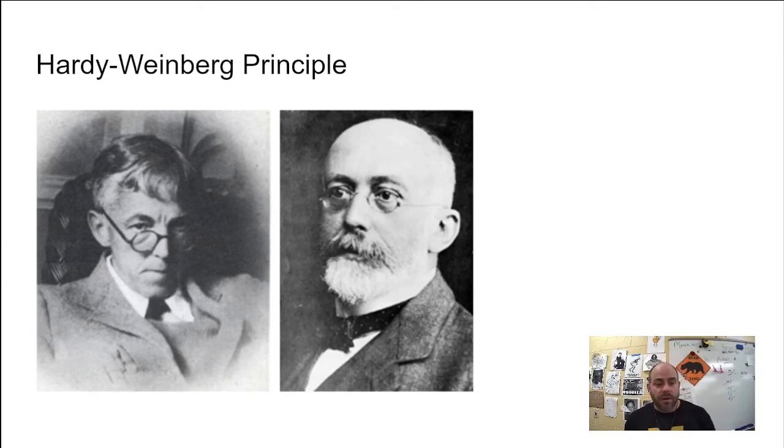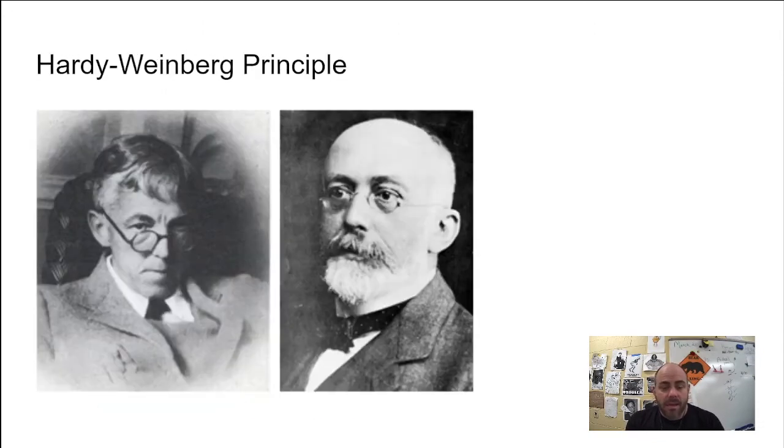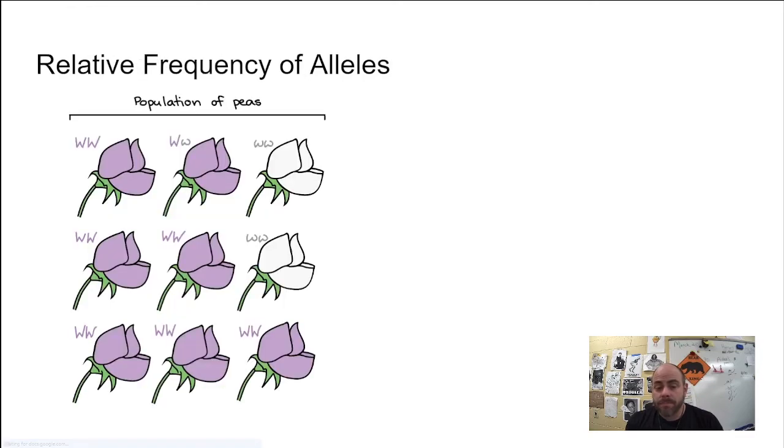And so these two guys, Hardy and Weinberg, came up with this idea called the Hardy-Weinberg principle, where you can kind of track the change in alleles, right? They came up with these equations, which we're not going to learn in this class. And they also came up with this concept called genetic equilibrium, or sometimes you'll see it called Hardy-Weinberg equilibrium. But for our class, we're going to call it genetic equilibrium. This is the idea that if a population is at genetic equilibrium, it is not changing over time, right?